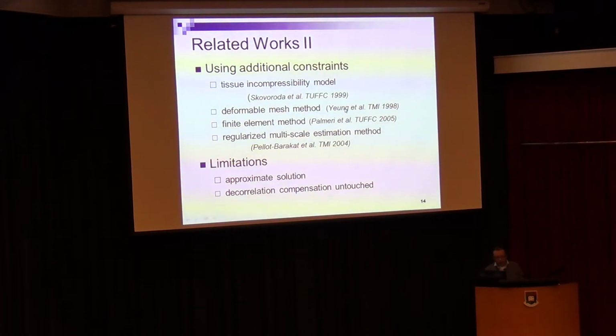They're all published in the top journals in the field. And also the multi-scale estimation method, like a pyramid method: you do some coarse estimation first, then iteratively refine the estimation results. These methods are all based on approximate solutions. In other words, there's no analytical solution to the problem we mentioned.